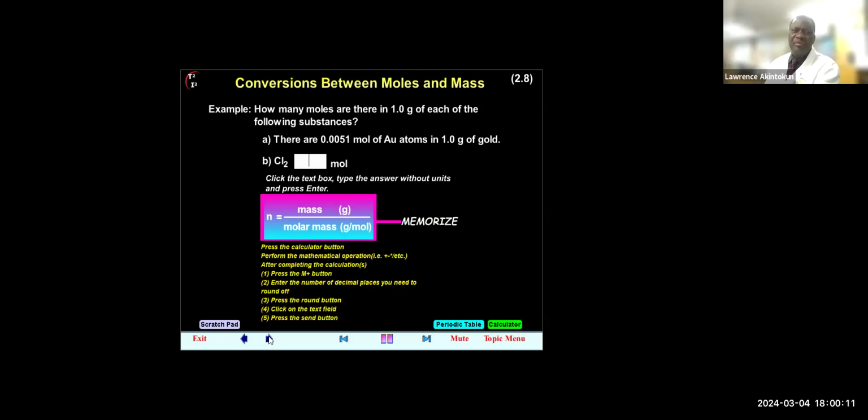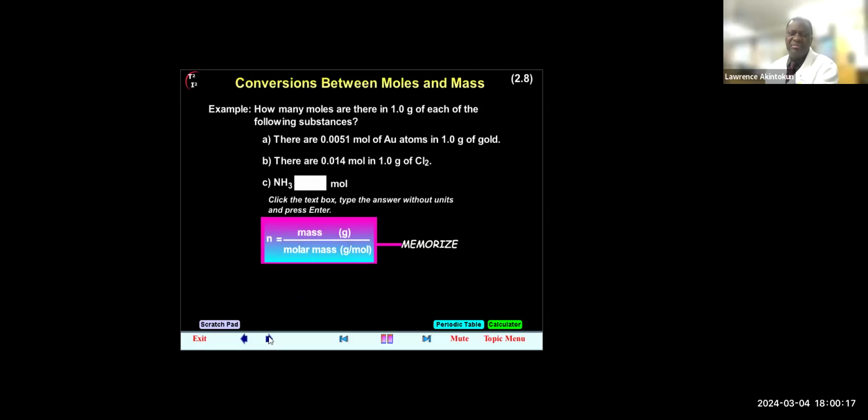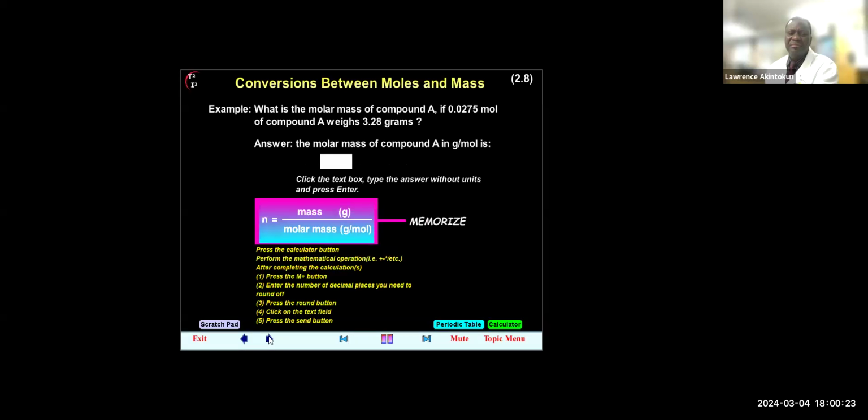But you're looking for 1 gram of each of them. So that means 1 over the molar mass of that substance. C, NH3. Answer, molar mass of compound A in grams per mole is... All right, make sure you go ahead, use the formula to find the molar mass of the compound.